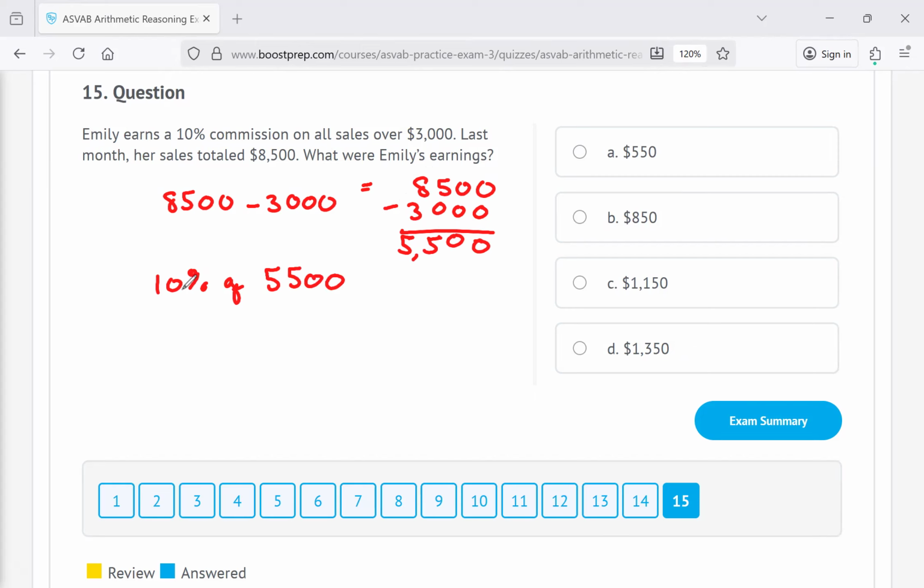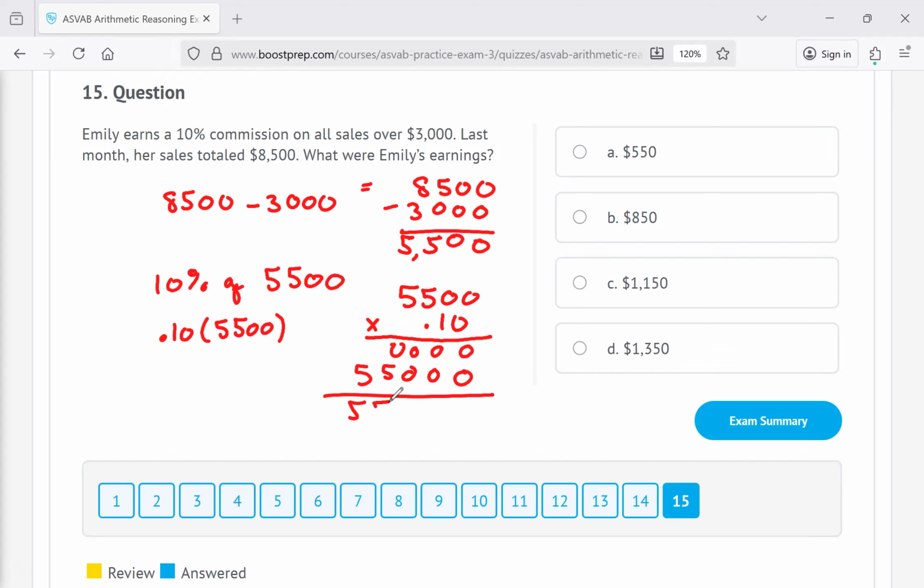And then what we've got to do is multiply that by 10%, so basically 10% of 5,500. All you're going to do is convert 10% to a decimal, 0.10. So 5500 times 0.10 is going to be, 0, 0, 1, 0, 5, 5, and then two decimal places to the left.